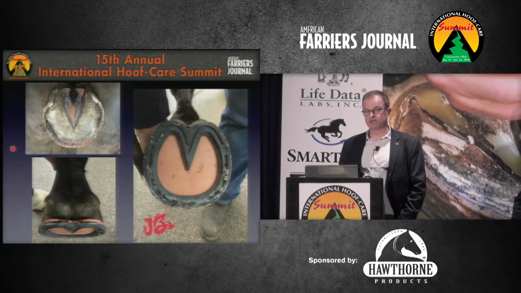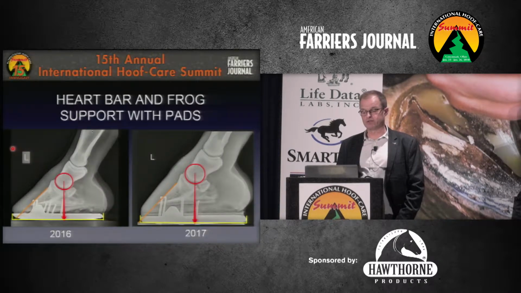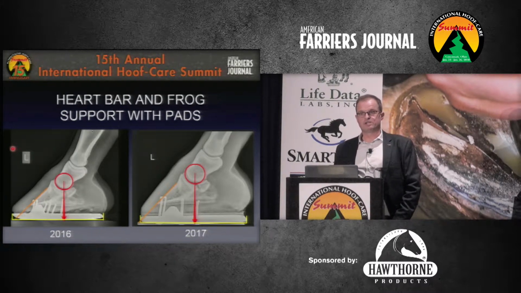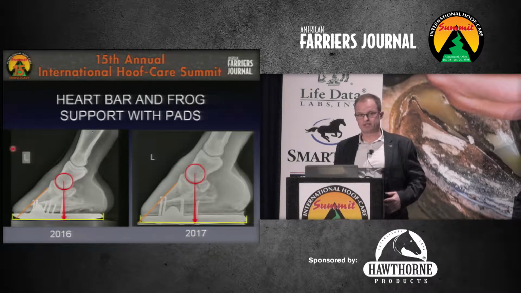So I've nearly always got some sort of mechanism of support with whatever shoe I put on. Often I use a heart bar with a leather pad. I stopped using leather, probably 5 years ago I was still using plastic pads and packers, and I saw a guy with a big roll of leather. He was taking it to his friend, and I said, "Oh yeah, what are you doing with that?"